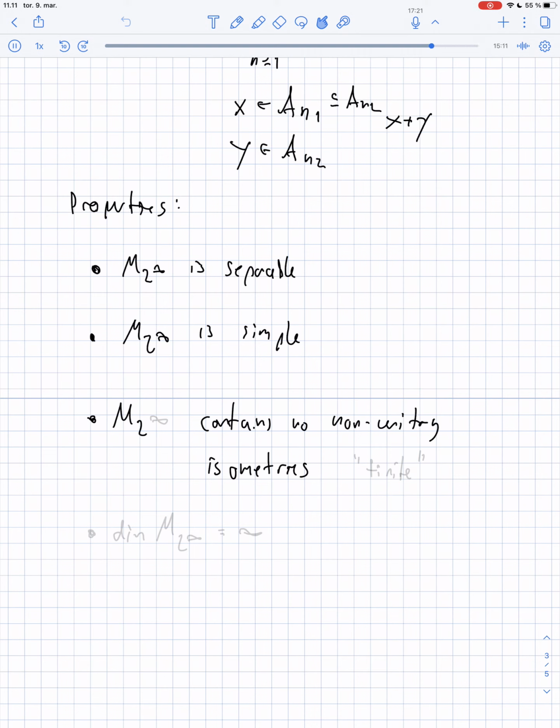So this is always the case in B(H). But here, there are no non-unitary isometries in a matrix algebra, because the rank-nullity theorem tells you that if you have a matrix which is injective, then it also has to be surjective. You can take that to the limit and show that the UHF algebra also has this property.